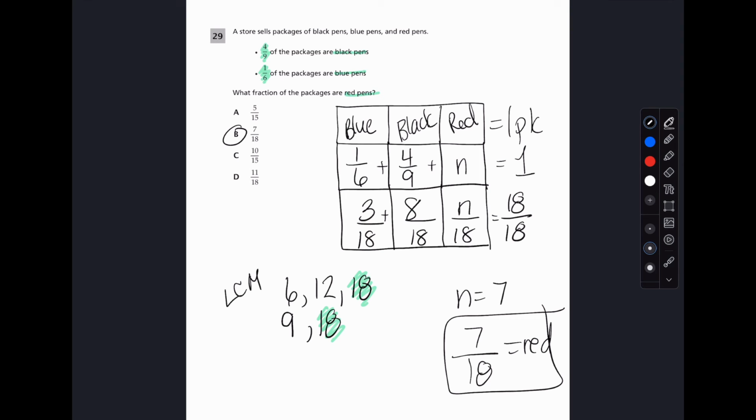Another way I have seen some kids think about it is where they're going, well, here I have 4/9, I need to get to 1. And I've seen some kids do this where they go, okay, this got me to 4/9, and then I added 1/6, and they had to change the fractions anyway. So they still ended up having to change the fractions.